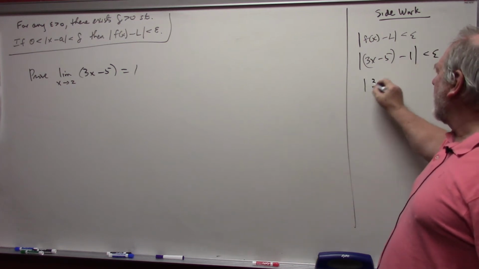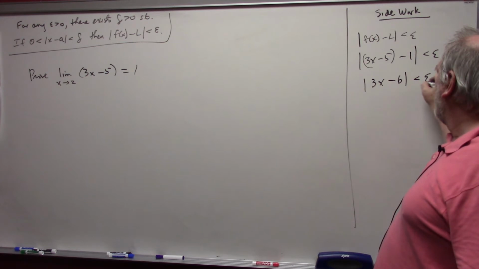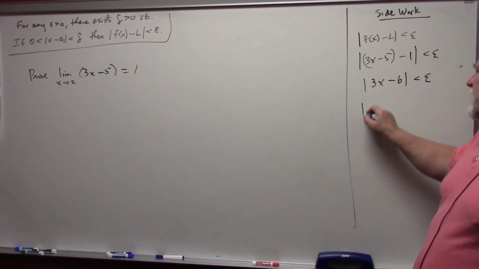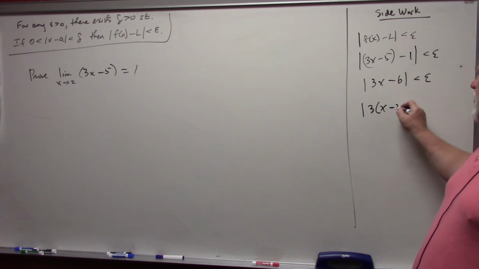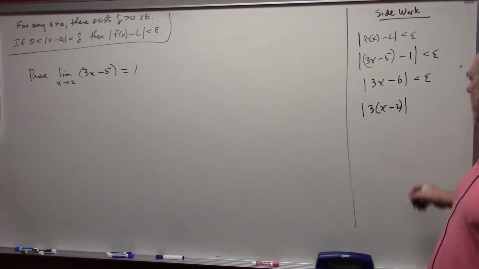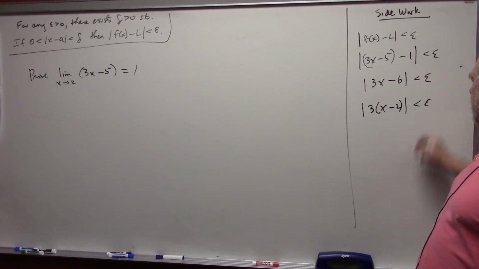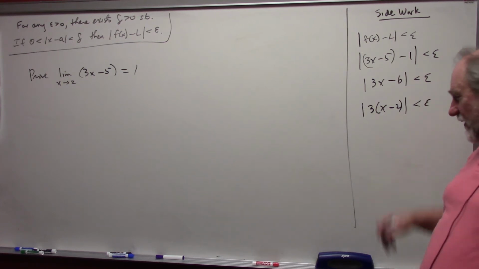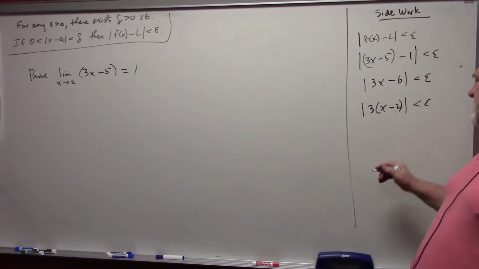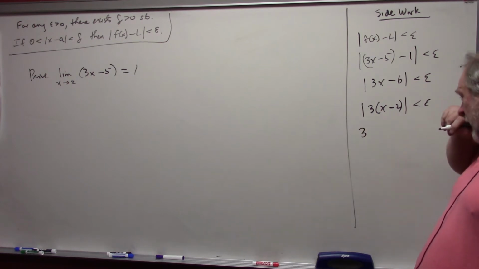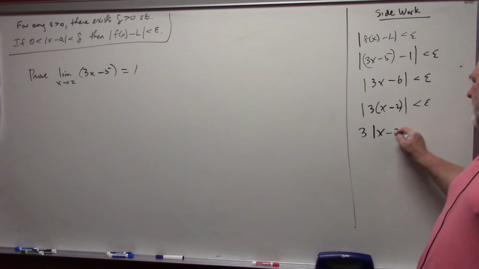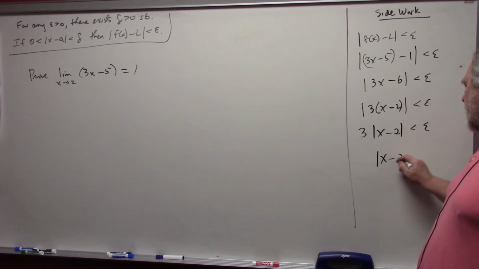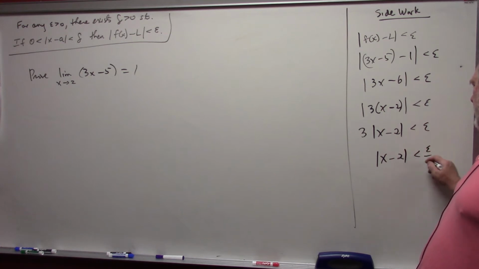That is the absolute value of 3x minus 6, which, using algebra, is the absolute value of 3 times x minus 2. Using my properties of absolute value, this becomes 3 times the absolute value of x minus 2 is less than epsilon, or the absolute value of x minus 2 is less than epsilon over 3.